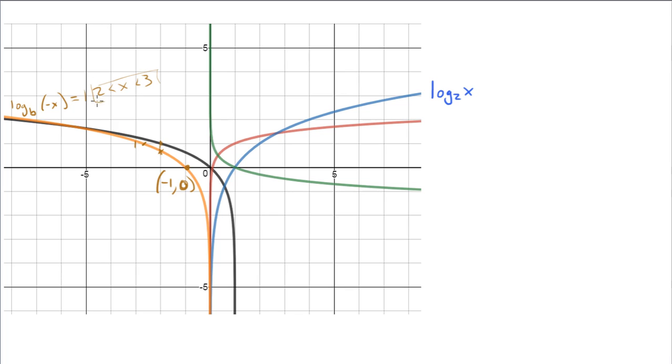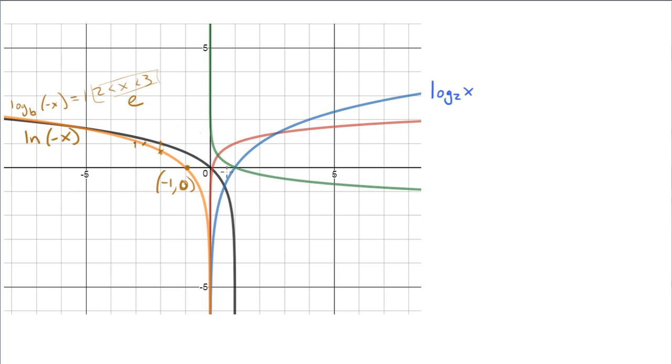And you know what in between 2 and 3 is code for in logs and exponents? E. So I'm guessing this is a log base e of -x. Then if I go out to like 5 and change, it'll be at 2. Yeah. Alright, so I'm going to guess that this is something like the natural log of -x. That seems like a pretty good guess.